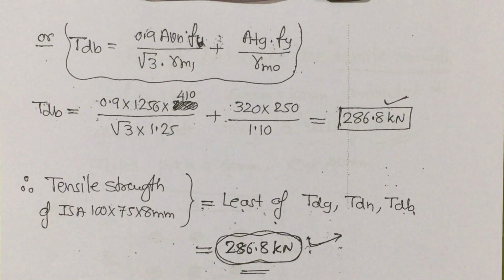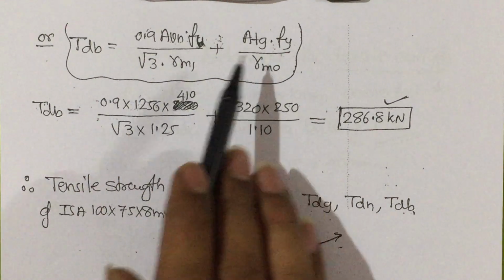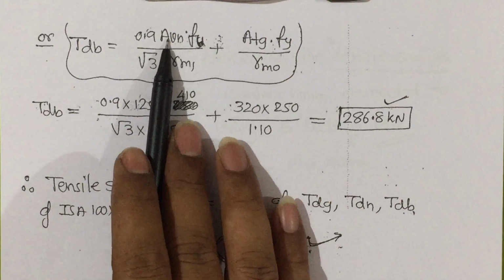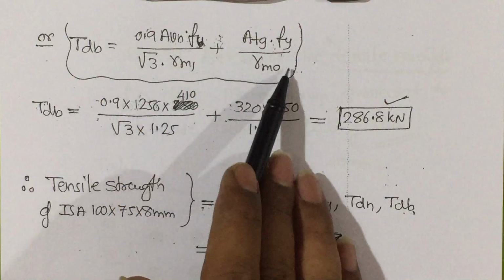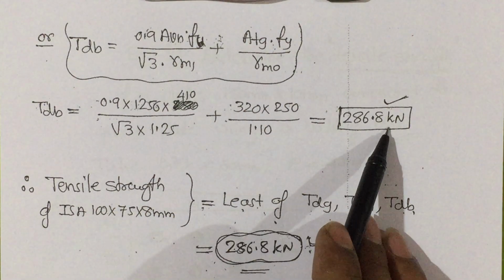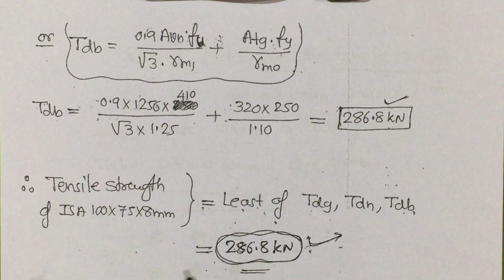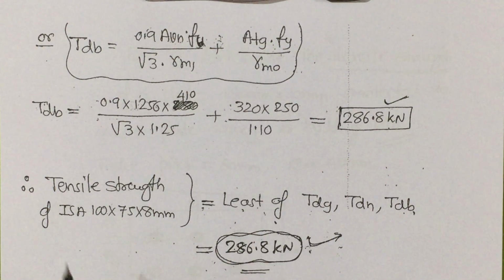Also, we should know that Tdb has another formula. So substitute in that formula. We already calculated all the parameters like Avn, Atg, Fu; Fy is constant, gamma m1, gamma m0 are constant. Substitute, you are going to get 286.8 kilonewton. Till now we calculated Tdg, Tdn and Tdb, 3 types of tensile strength.